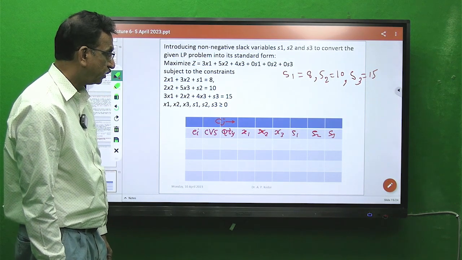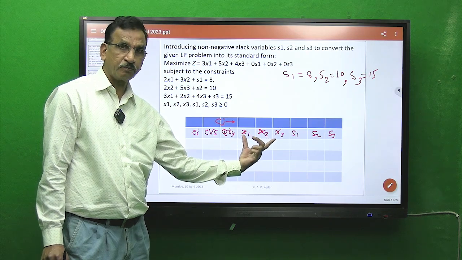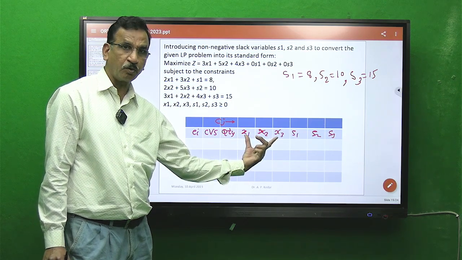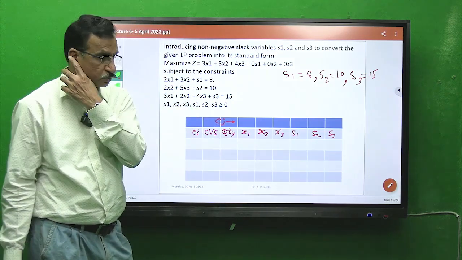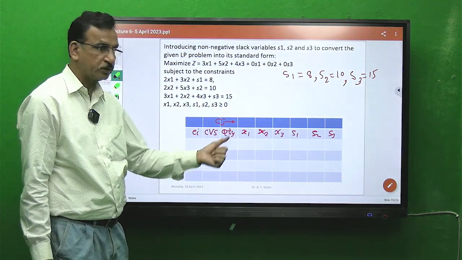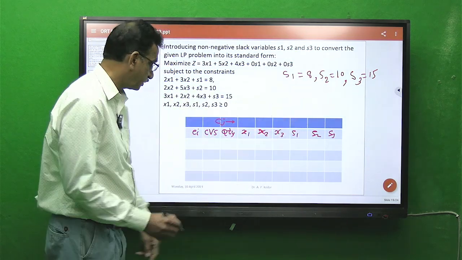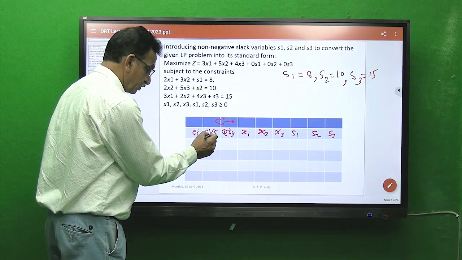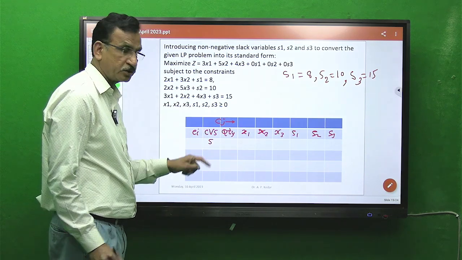We will be discussing how to put this data in the simplex table. If you recall, I have said that the real variable part is representing the body part and this is representing the identity matrix. So equation-wise we will put the data over here. So CVS, initially CVS are S1. CVS is also referred to as basic variable.